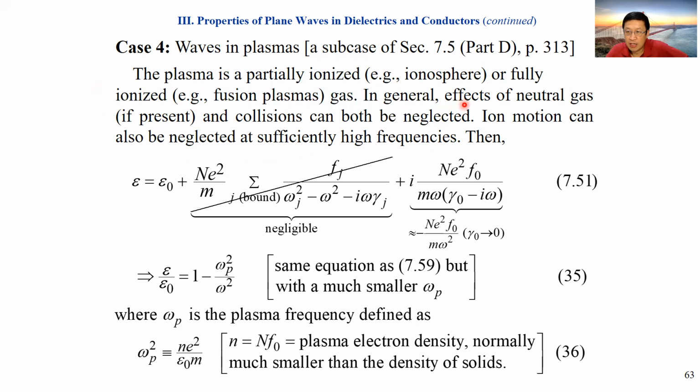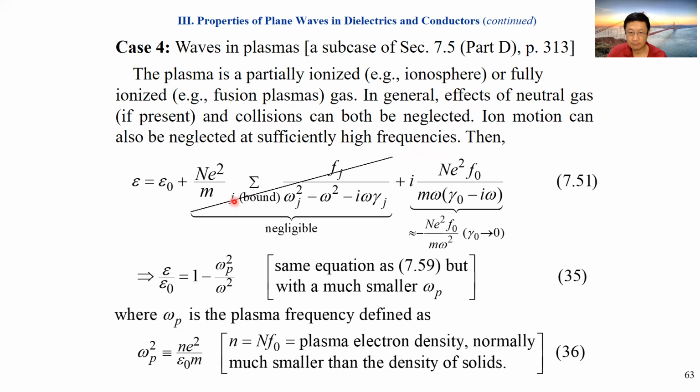In general, the effects of neutral gas, if present, and collisions can both be neglected. Ion motion can also be neglected at sufficiently high frequency because ions are quite heavy compared with electrons, so their motion is relatively slow.